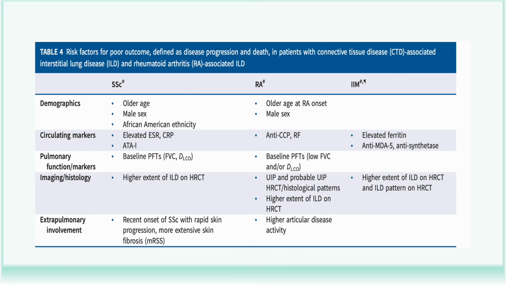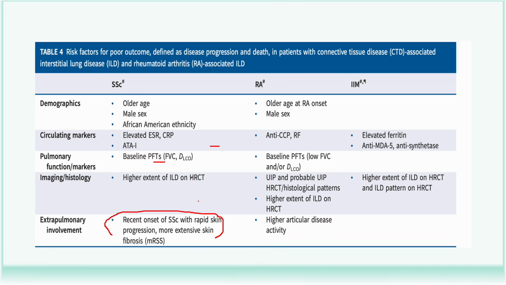So these are the risk factors for poor outcomes or disease progression and death. If you look at systemic sclerosis, they've added, in addition to older age and male sex, African American ethnicity, the anti-topoisomerase levels, the baseline PFTs, more ILD, and rapid skin involvement and more extensive skin fibrosis.